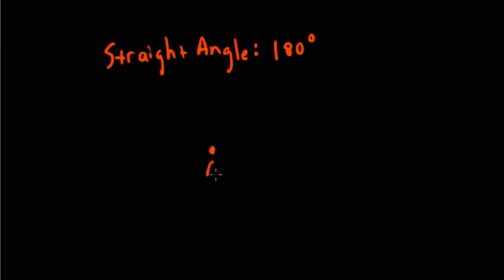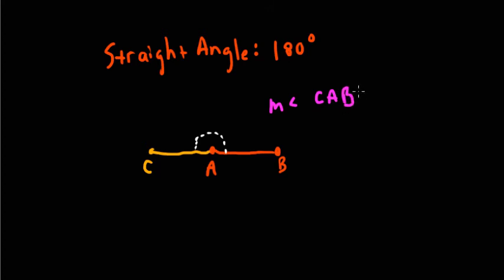Let's call this spot A and this B. If we're going to make a 180 degree angle, we're measuring from right here. 180 degrees creates a straight line, and we will extend this out to C. So we would say the measure of angle CAB equals 180 degrees. That is a straight angle.